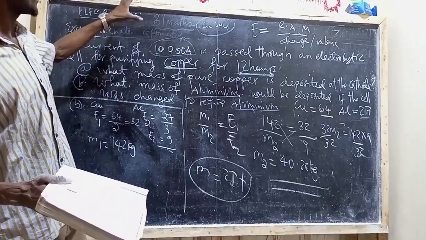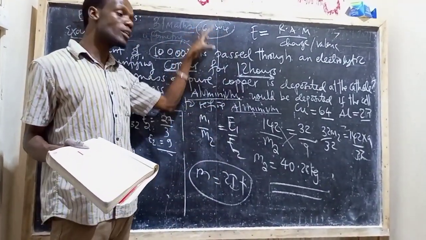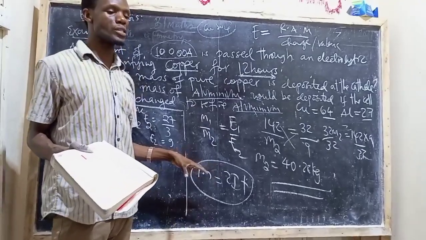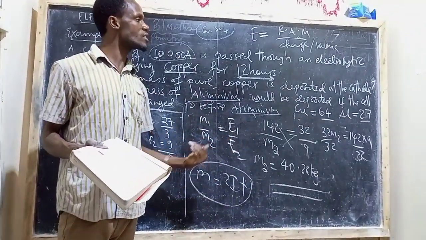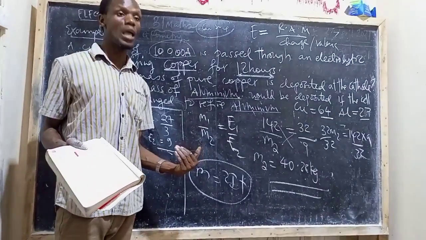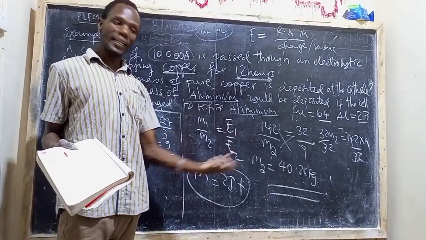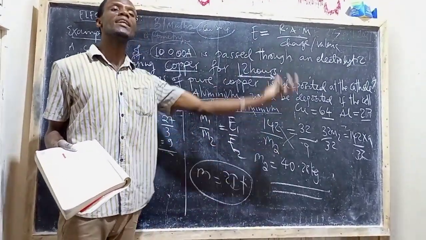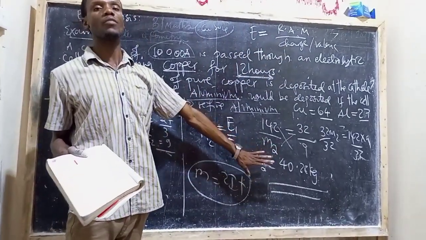Whenever you are dealing with word problems on Faraday's laws of electrolysis, you have to understand the differences. The first one deals with the same electrolyte, but the second one deals with different electrolytes, which have the same quantity of electricity passing through them.